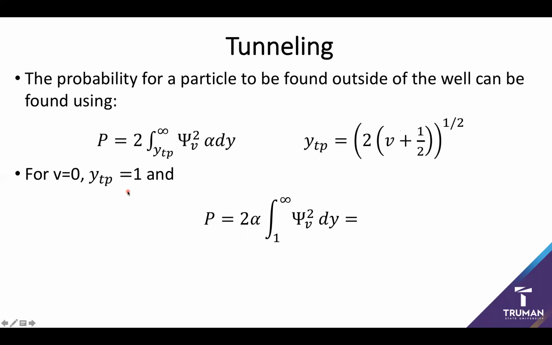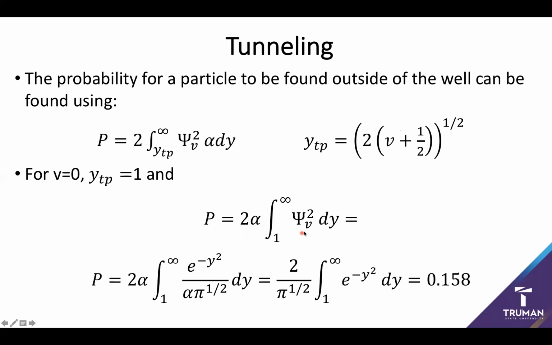It isn't so easy for the excited states, but it's not too bad of an equation to determine. So we're going to be looking at, I'm going to pull the alpha out front, 2 alpha times the integral from 1 to infinity of our probability density with respect to y.